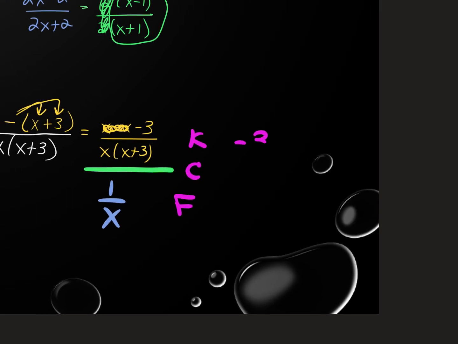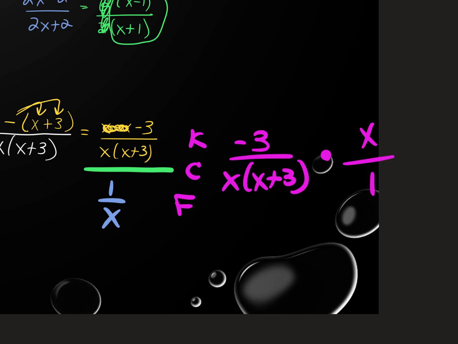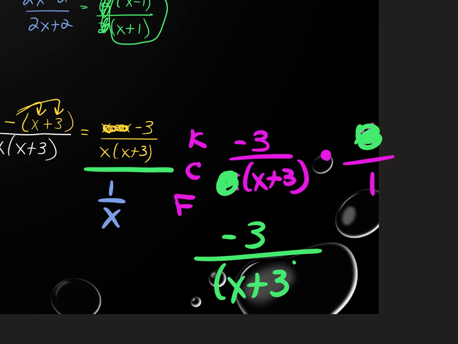I have negative 3 over x times x plus 3. I change my division sign to multiplication, and then what do we do? X over 1. Do we notice anything? Good job, Mia. So I'm left with negative 3 over x plus 3.